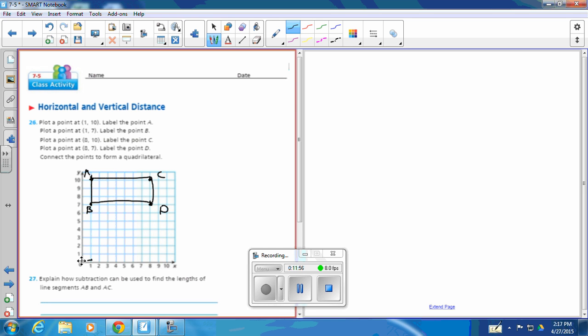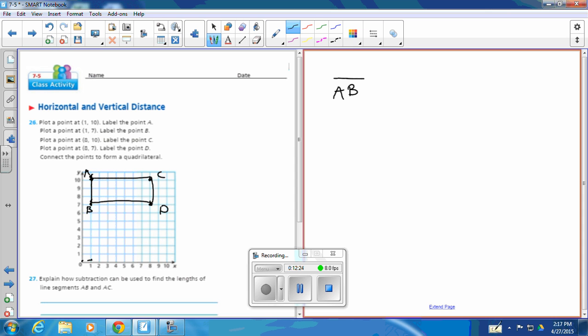Now I want to challenge you to find the length of the rectangle. If we were trying to find the length, let's say AB, we're looking just for that part. That's called segment AB, and it's written like this. That line above means segment, and then we're labeling it AB. If we were going to try to find the length of segment AB, what would we have to subtract? Think about it.